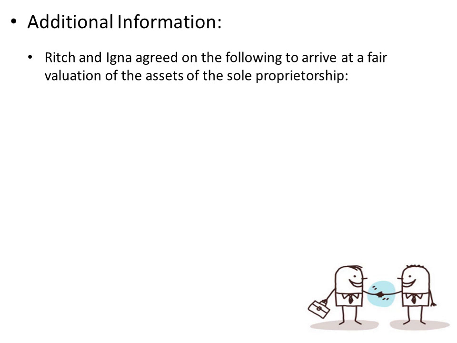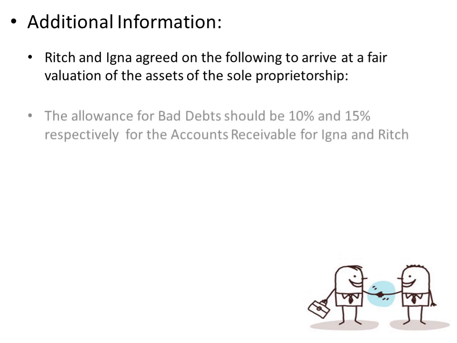Next, additional information. And take note, after that, we have already closed the books. We need to record their respective fair market values because under a partnership, all assets and liabilities should be recorded at fair market value. So, we need to revalue according to their agreement. Rich and Igna agreed on the following to arrive at the fair valuation of the assets of the sole proprietorship.